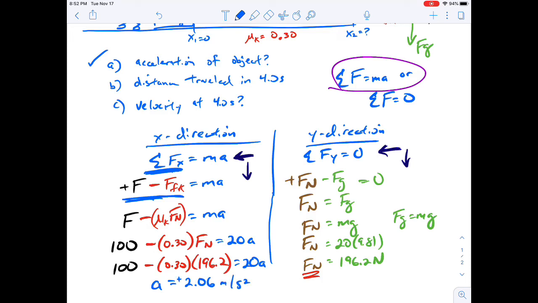And that's technically positive. So this thing is being pushed to the right with an acceleration of 2.06 meters per second squared. And that is just the answer to part A.